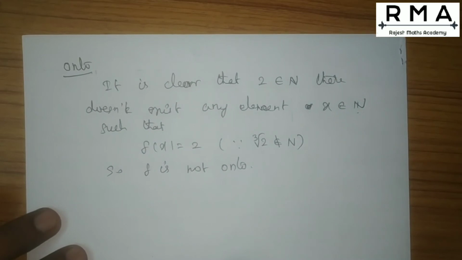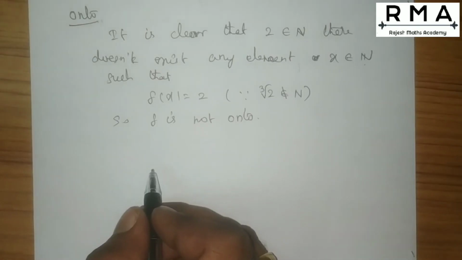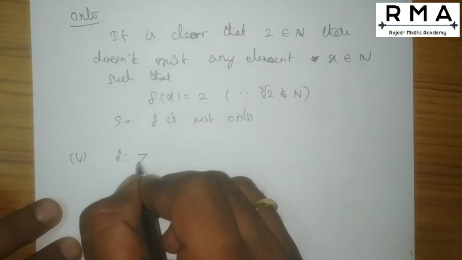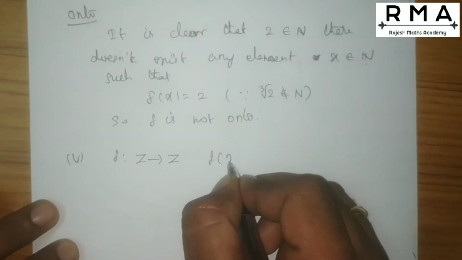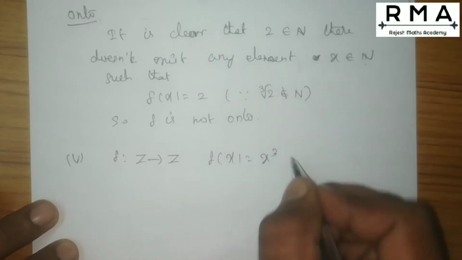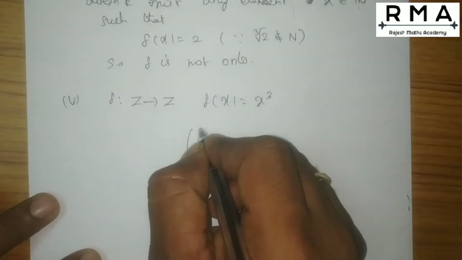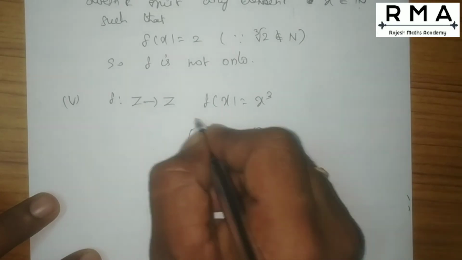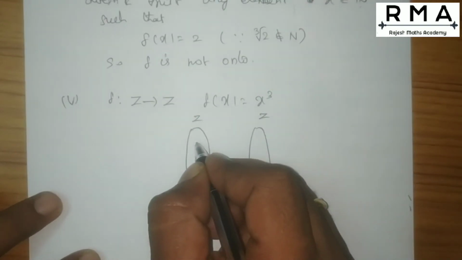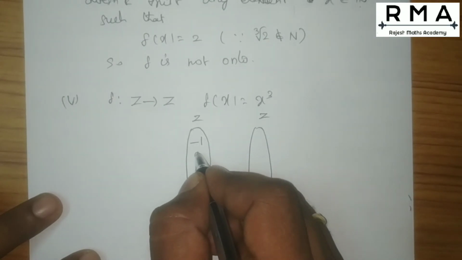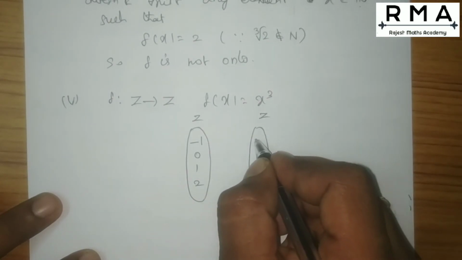Clear? So one more problem is there, question number 5. f is a function from integers to integers. The function is the same, f of x equals x cube. So I am taking integers now: integer domain and integer codomain. Integers means negative numbers also will come: -1, 0, 1, 2, and similarly here also.